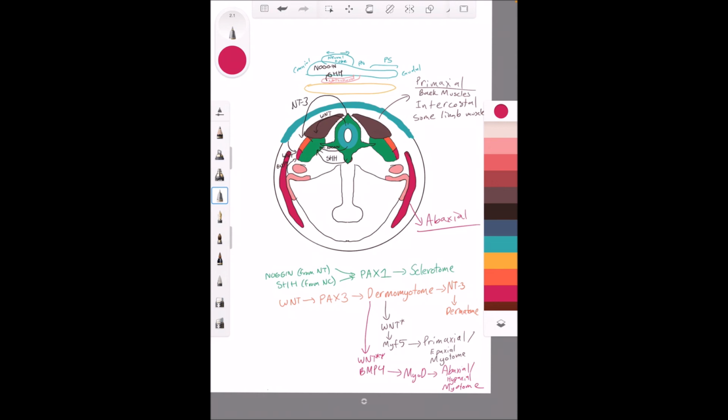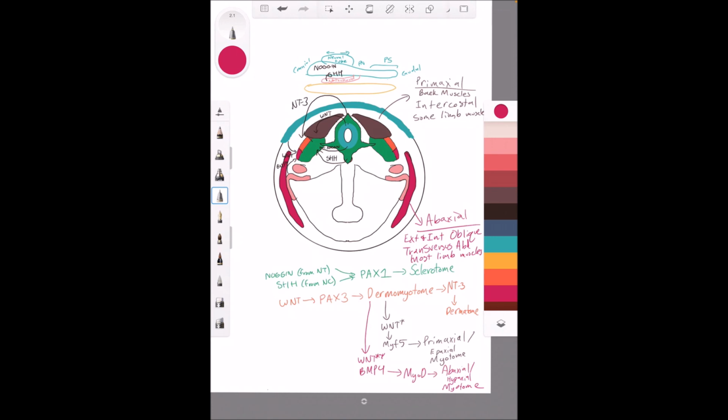So we have external and internal abdominal oblique muscles, can't spell, as well as the transversus abdominis. And most of the limb muscles are going to come from this abaxial side. All right, and yeah, so there's that.